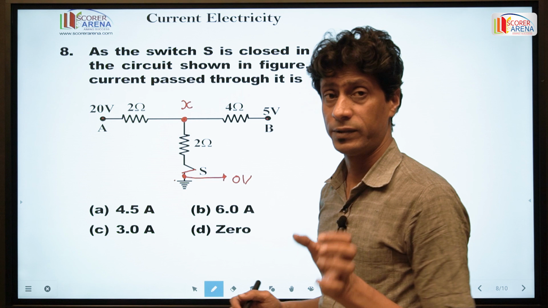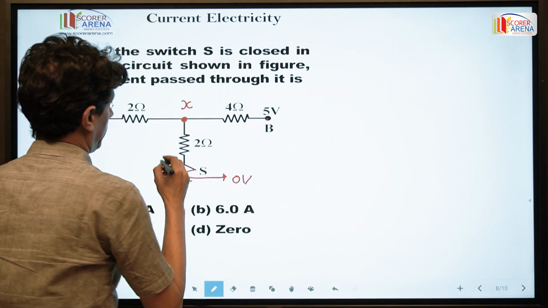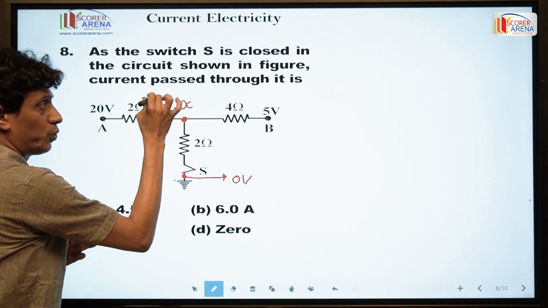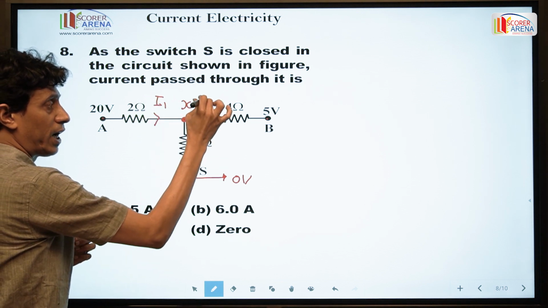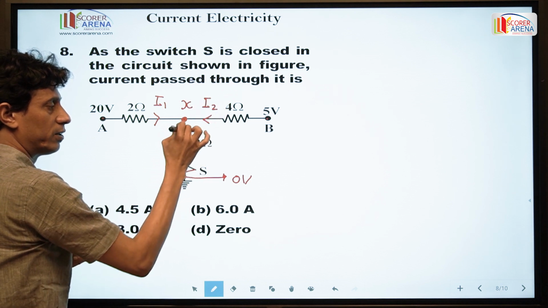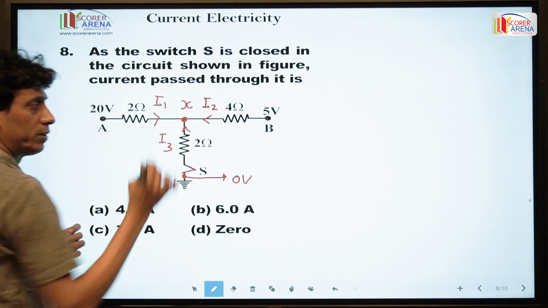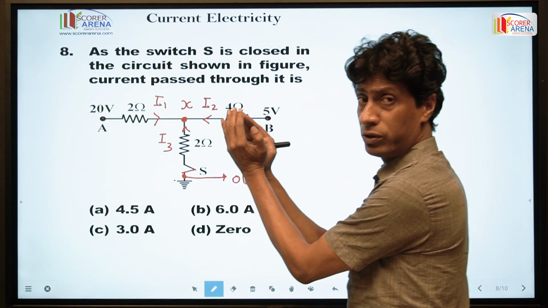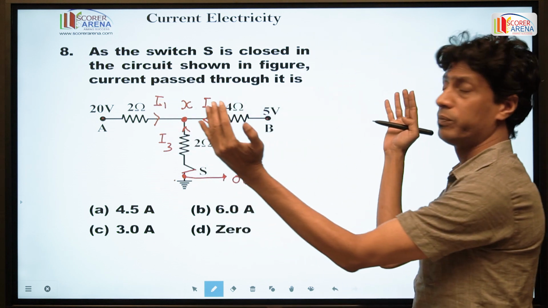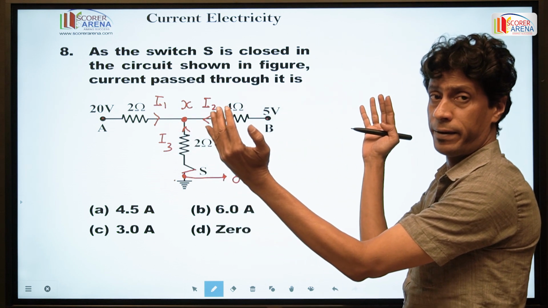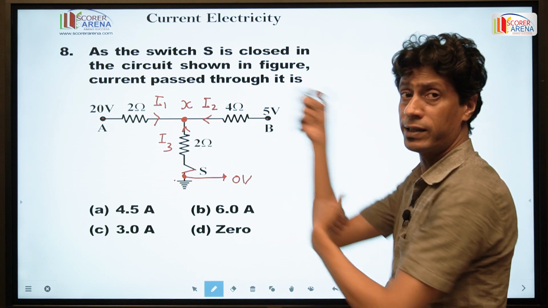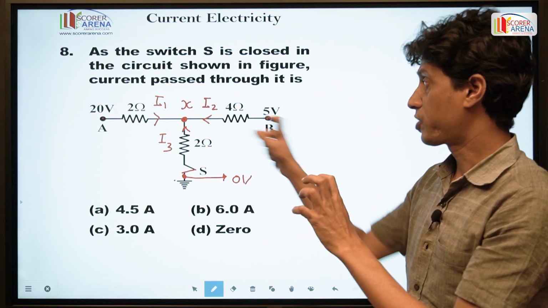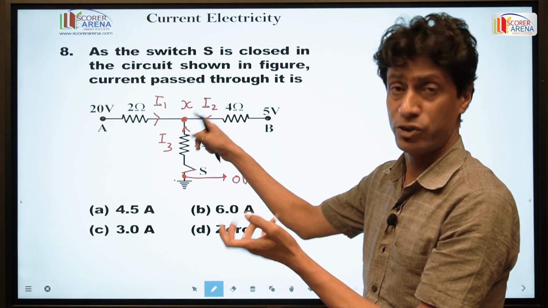Here I am considering current through all branches entering into the unknown node. Either you have to take all the current entering into the node or leaving from the node, but you don't take one current entering, other current leaving in this way, since the direction of current is not confirmed because the potential of this node is unknown.